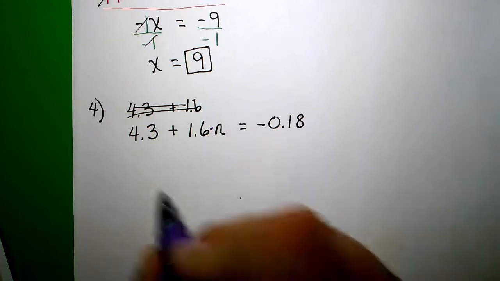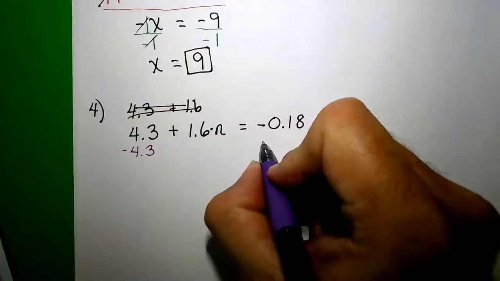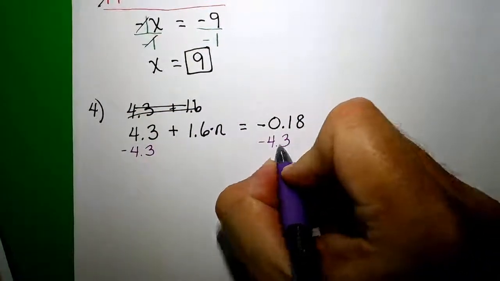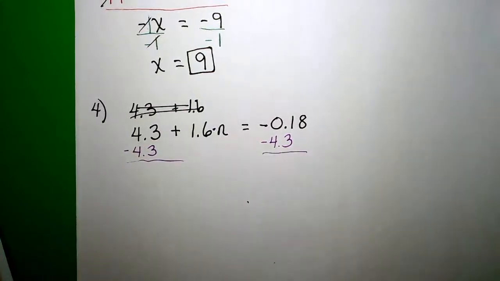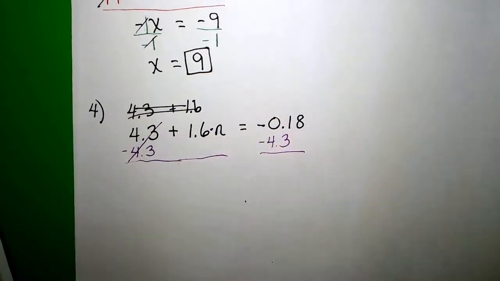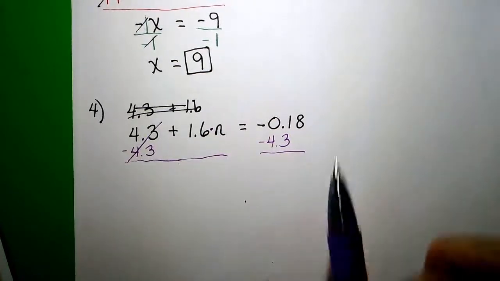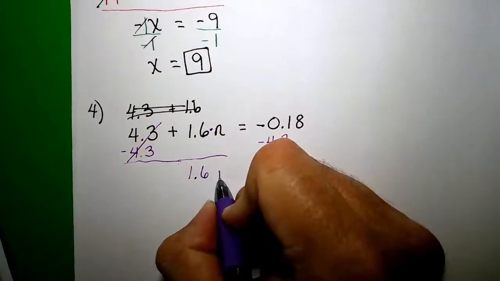Add 4.3 or subtract? Well, subtract it. So subtracting 4.3 from both sides of the equation, the 4.3 is gone, leaving us just a 1.6n.